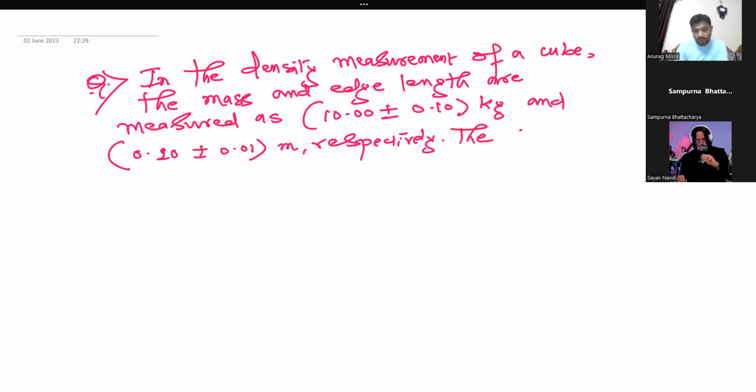So the question is: the relative error in the measurement of density is?